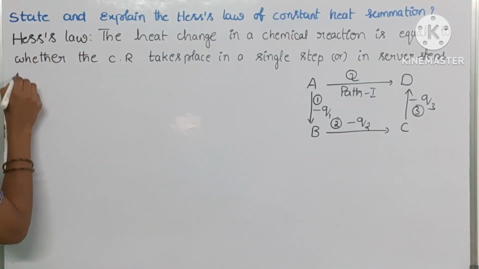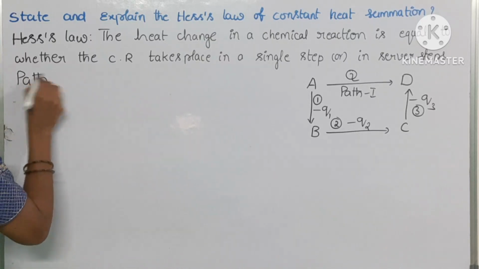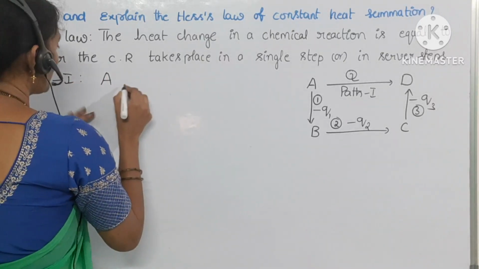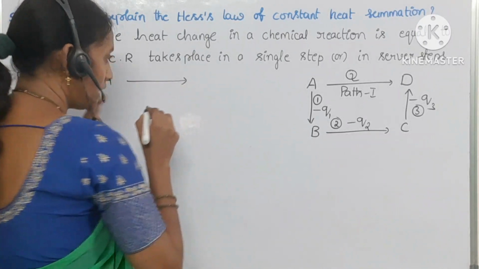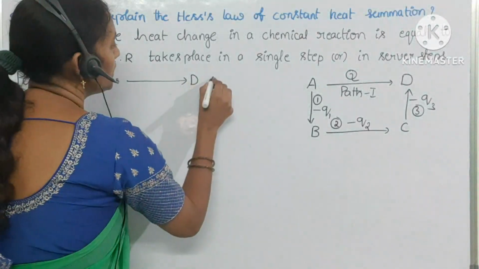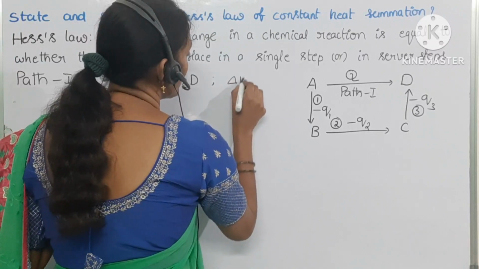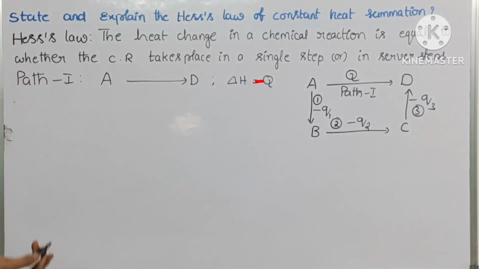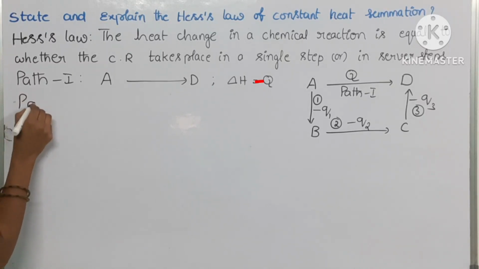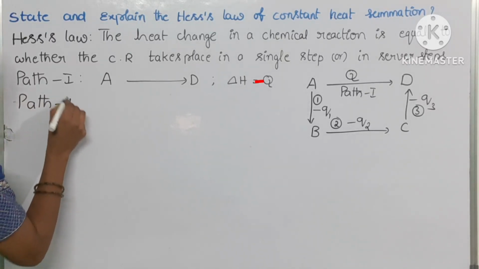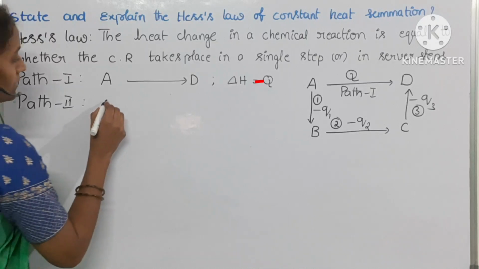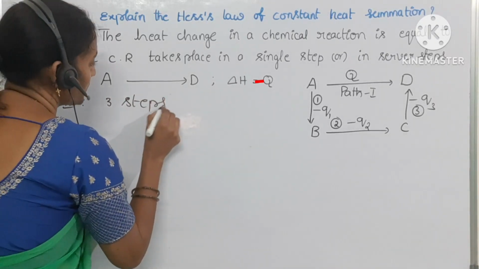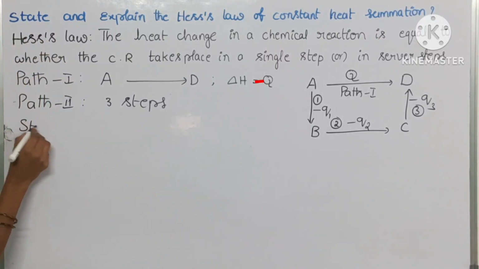Then we try to write this representation in chemical reaction form. Path 1: conversion of A into D. Here the heat energy released is indicated with delta H, that is equal to the capital Q. Then path 2 happens in 3 steps.